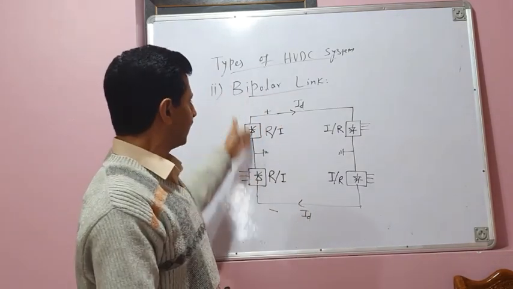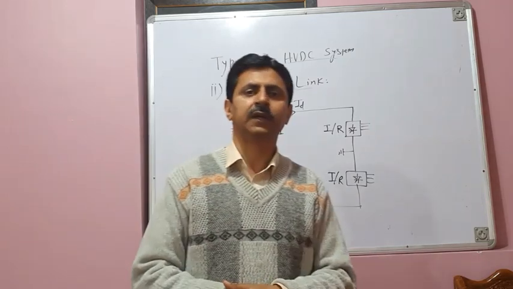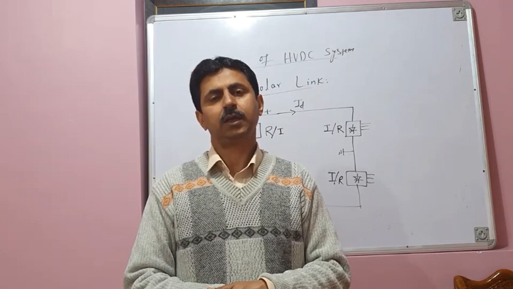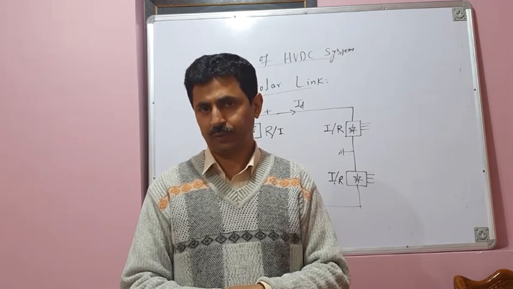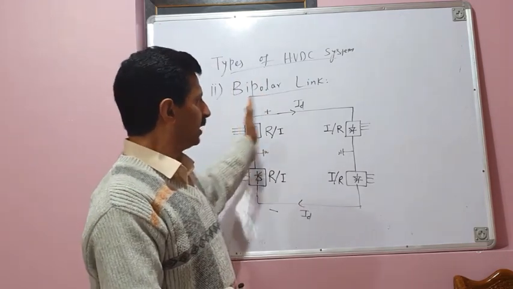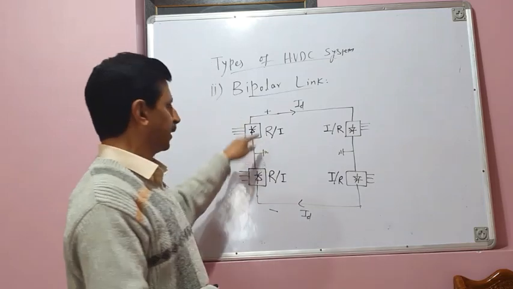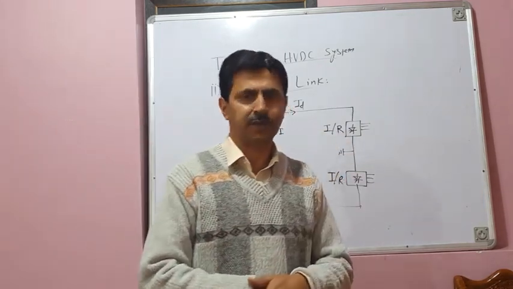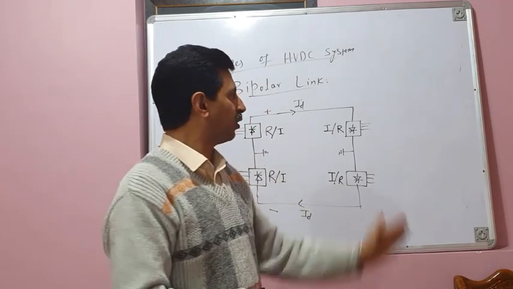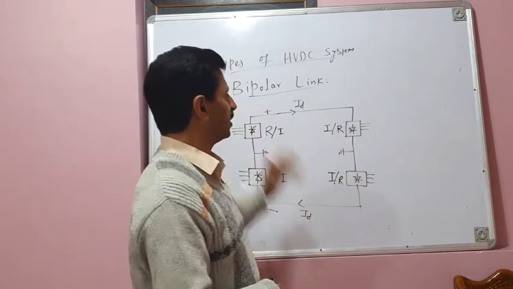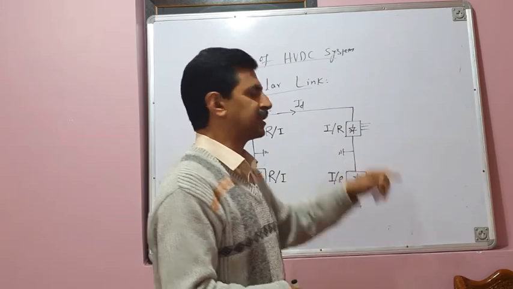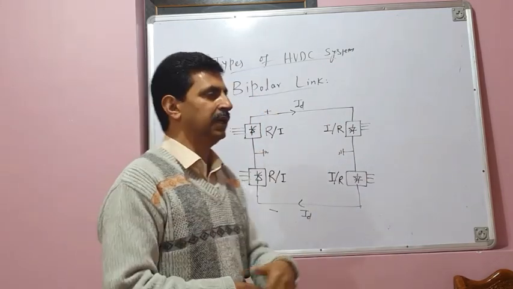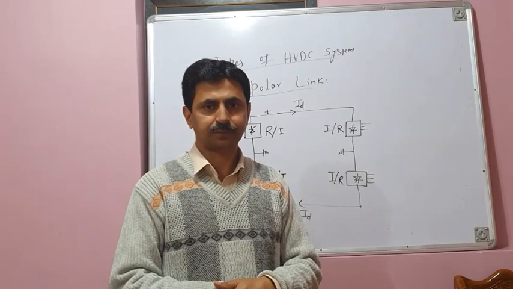So whether the converters at a particular converting station act as rectifiers or inverters depends upon the direction of power flow. If power flows from this end to this end, these converters act as rectifiers and these act as inverters. If the direction is from this station to this station, these converters will act as inverters and these will act as rectifiers.